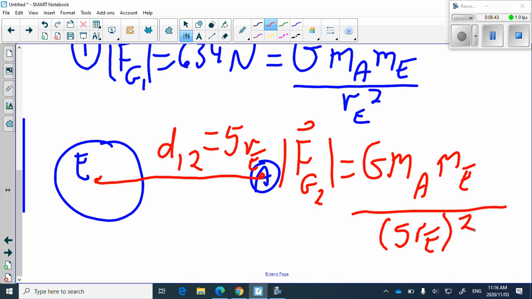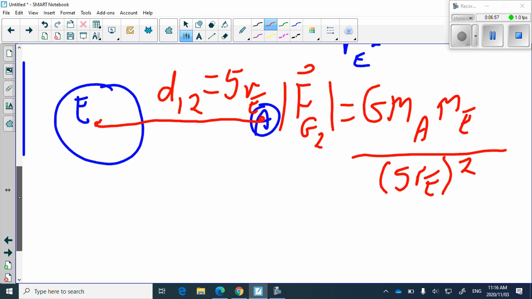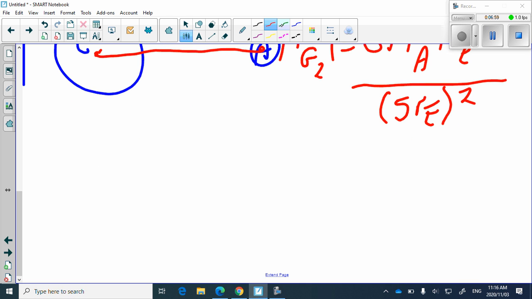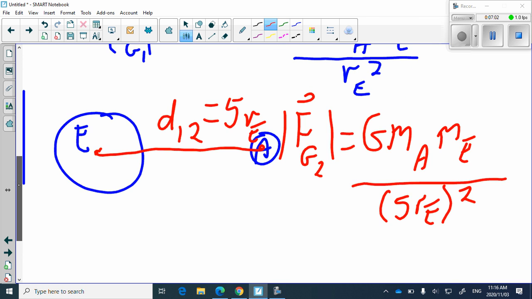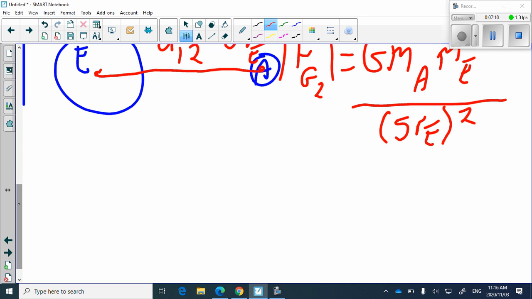Okay? You need to focus. Okay, well, let's continue here. Let's see what mathematical magic we can do here. Well, this is equal to G, mass of the astronaut, mass of the Earth.